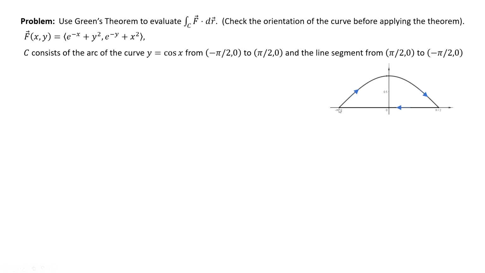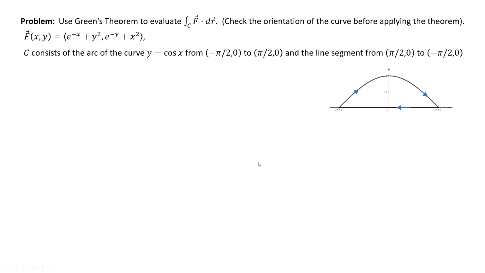So cosine x from x equals negative pi/2 to x equals positive pi/2, right? So this is that curve, the cosine curve. And then it needs to close the loop, so it's going from here to here, this line segment.